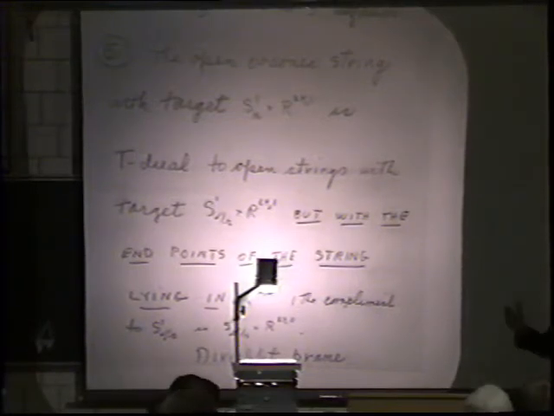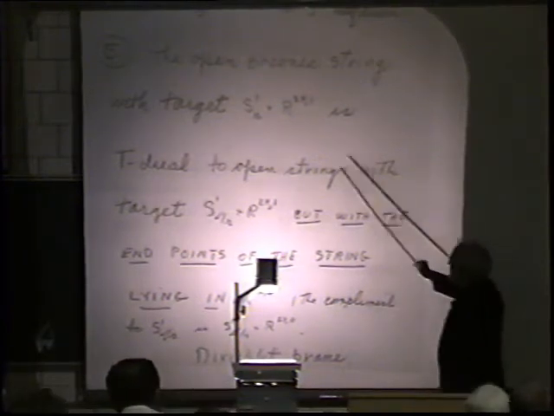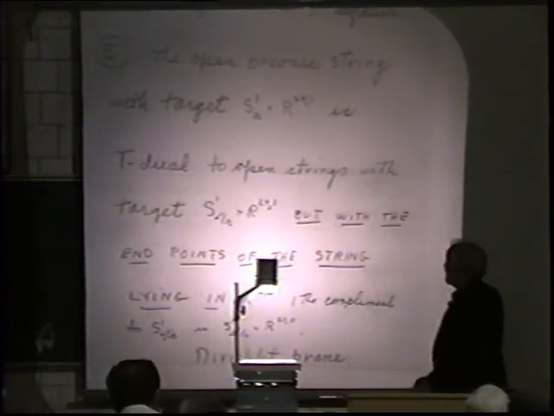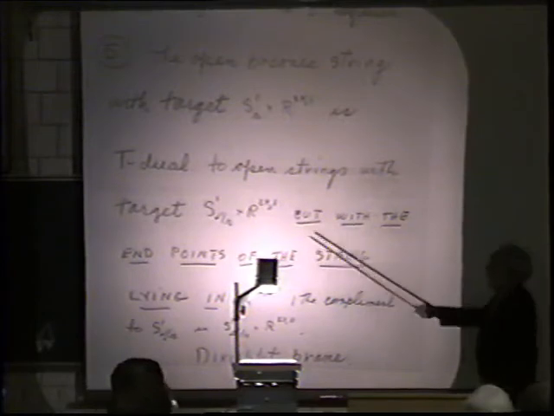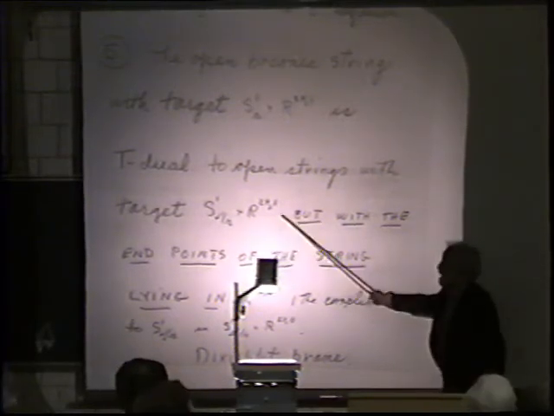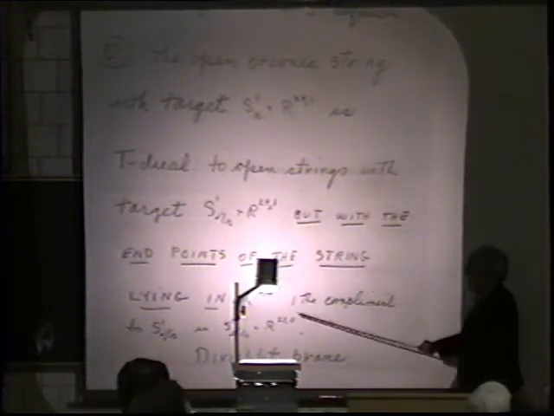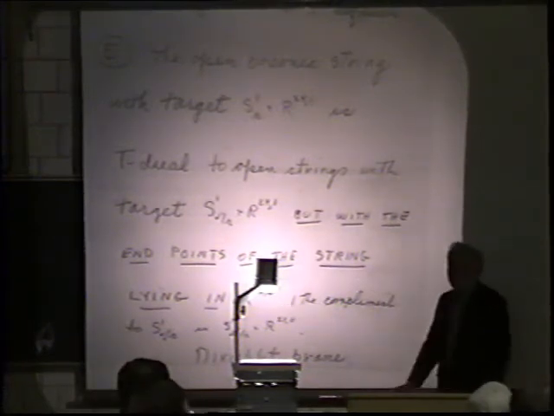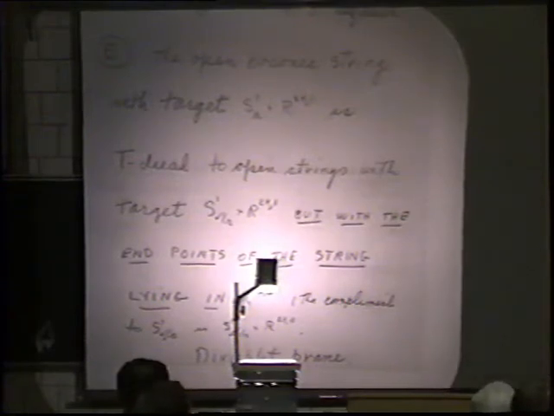Now the dimension of the space, because you're not dealing with supersymmetries, should be 26. It's R^24,1 with a circle, which is T-dual to open string with target space this circle in R^24,1, but with the endpoints of the string lying in R^24,0. From what I did, you should be able to do that as an exercise, actually.